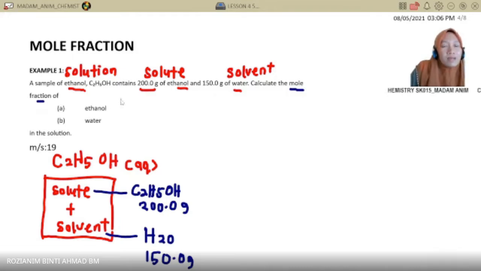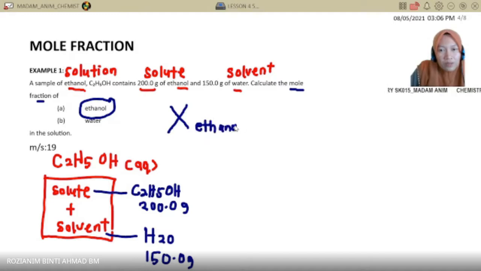Okay, calculate the mole fraction. Remember, the criterion is mole fraction. You must know the symbol for mole fraction is X. The first question asks for ethanol. So we must know that the mole fraction of ethanol should be equal to the mole of ethanol over what?